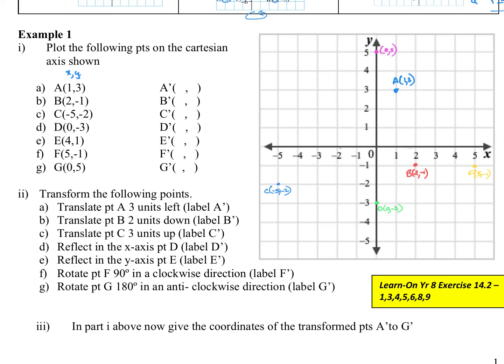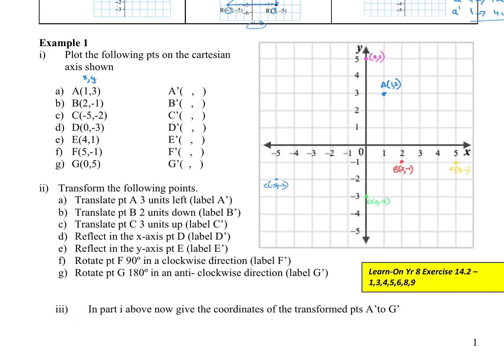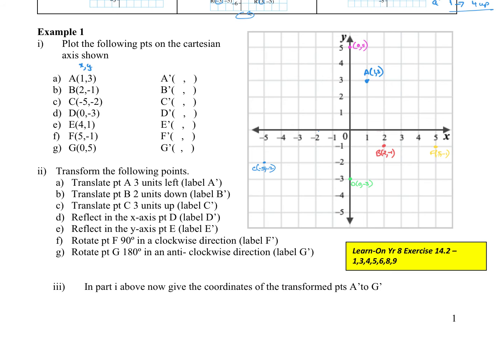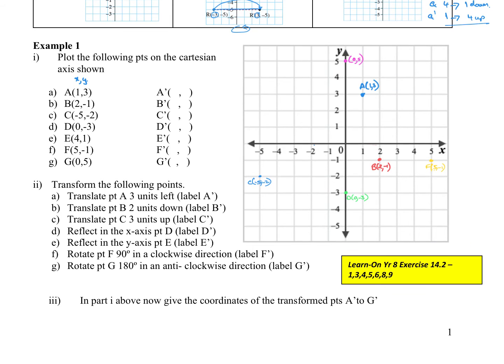Okay. Now, the next part is going to ask us to do a few transformations and then relabel the points. So let's work with the same colours. All right, so let's start with the point A. What's happened to the point A?